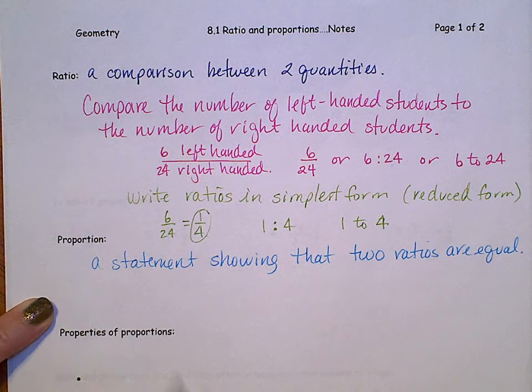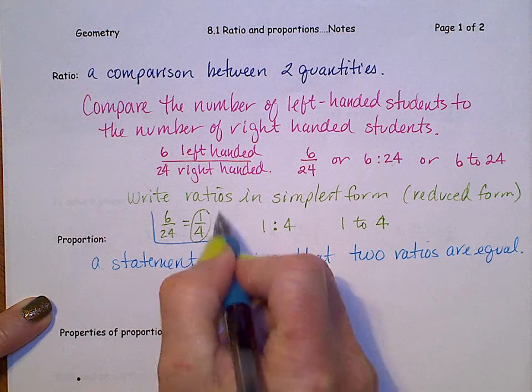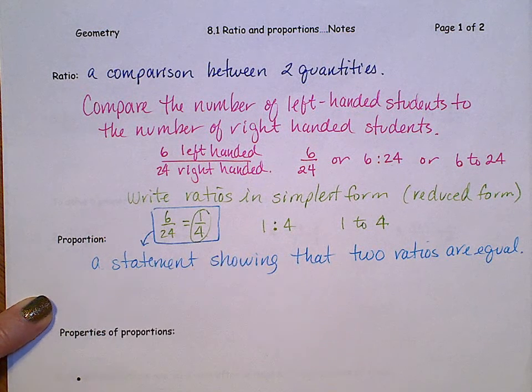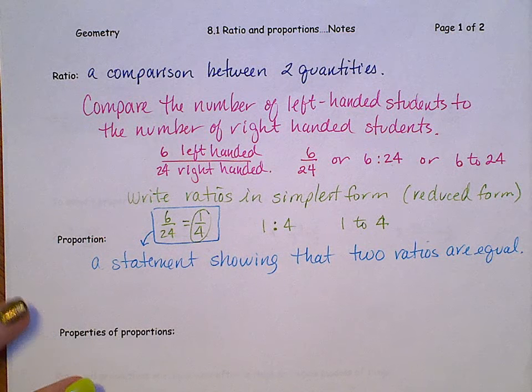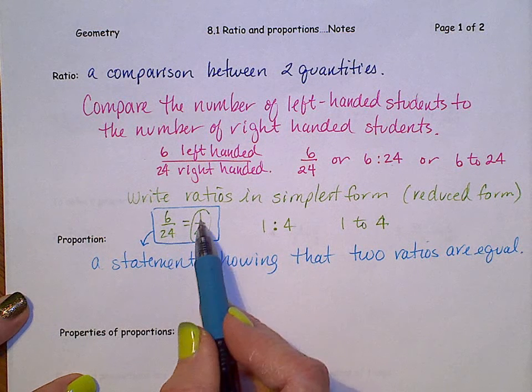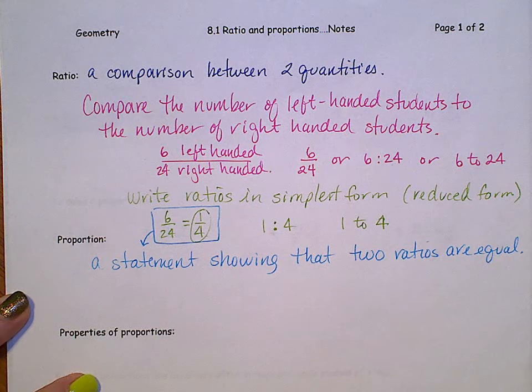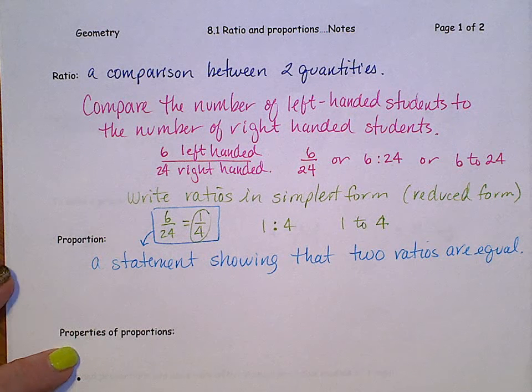So this whole thing right here is a proportion that shows 6 to 24 is equal to 1/4. Those 2 ratios are equal.